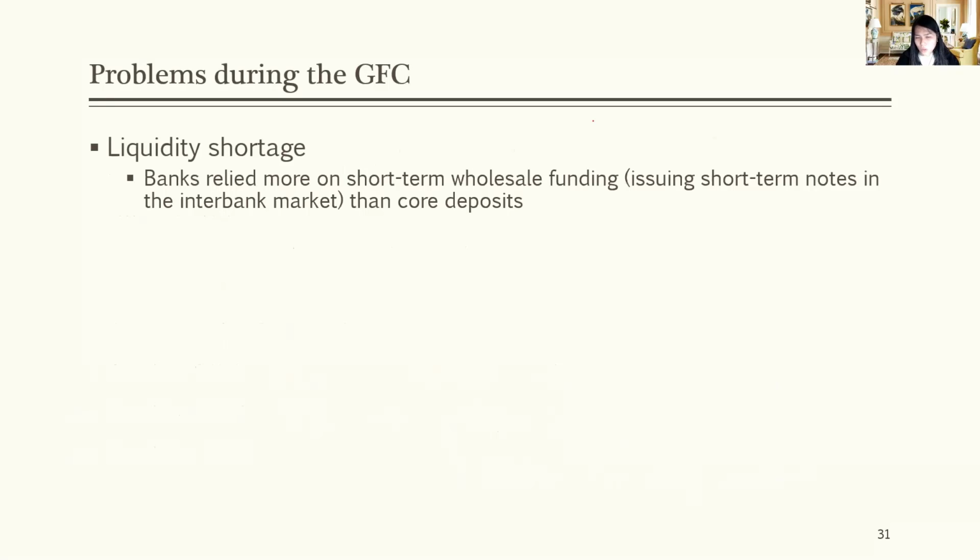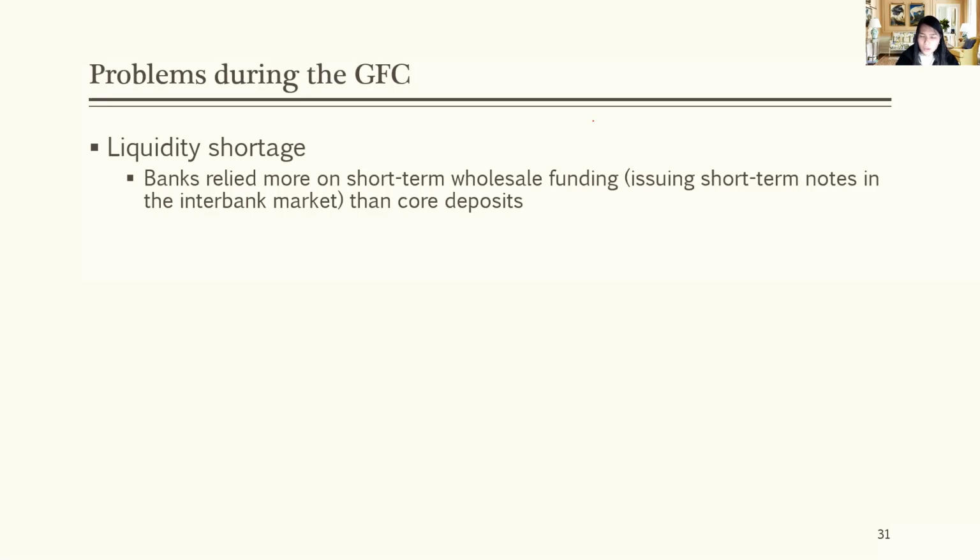So banks were relying too much on short-term wholesale funding, and so did the corporate sector, right? So because interest rates were very low, and because people were expecting that an upward sloping yield curve is going to happen all the time, they started to borrow at the shorter end of the spectrum.